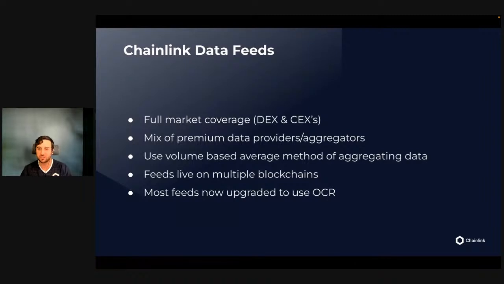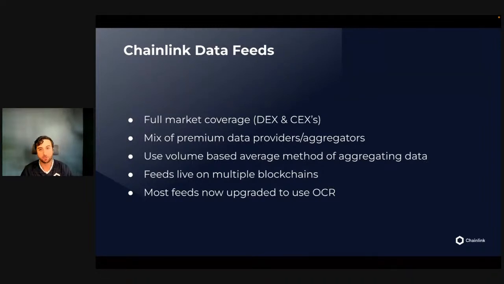They can use techniques such as volume-based average method of aggregating data, which is a very, very good way to aggregate price data for assets, right? So in this case, if you have an asset that is basically all traded on Coinbase, for example, or Binance, you really want to weight the price data coming from that exchange more heavily because that's basically where all the price discovery is coming from.